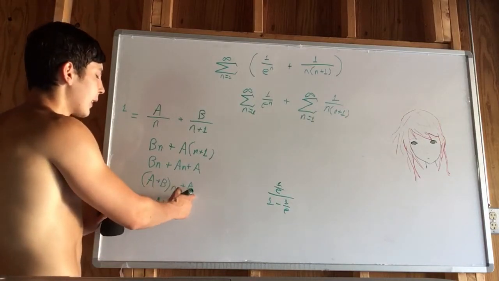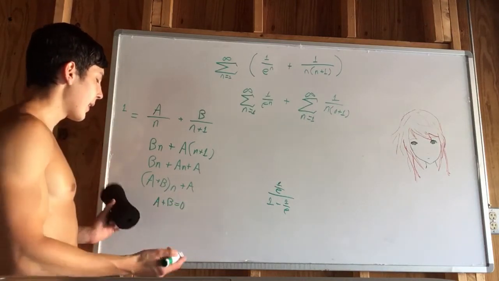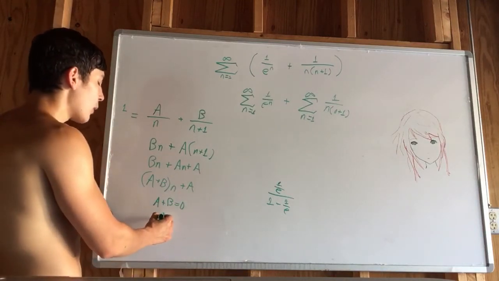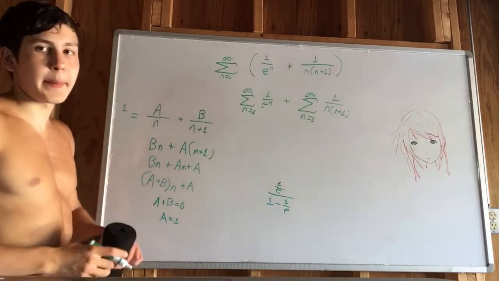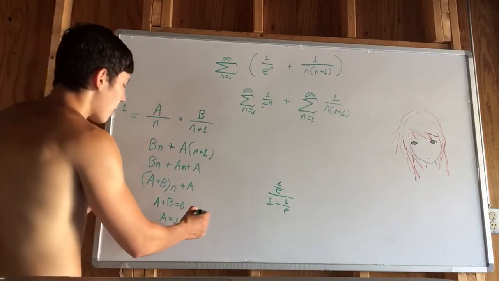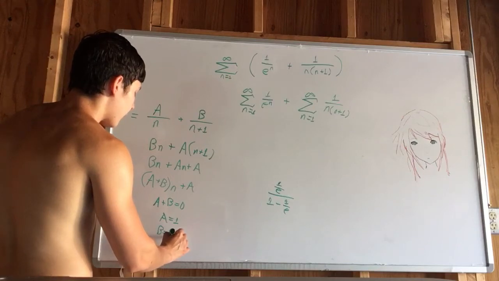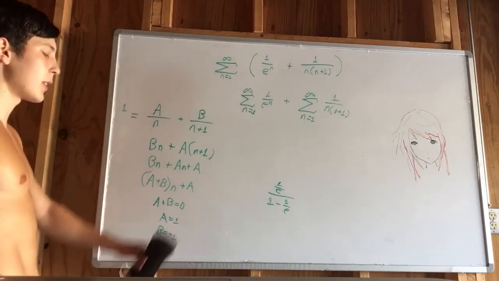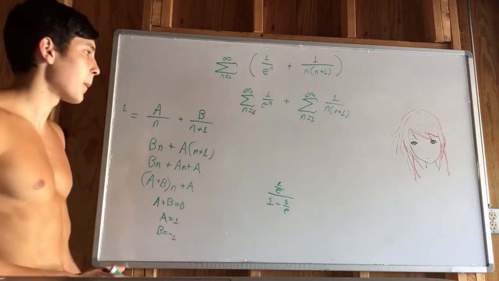And the only constant here we have, which is not multiplied by n or n squared or anything else, is a. So a must be the one that equals 1. Because remember, when we add these, we need to get 1. So a equals 1, and therefore b equals negative 1. b equals negative 1, because 1 minus 1 is what would give us 0, and we knew that a plus b had to be 0.